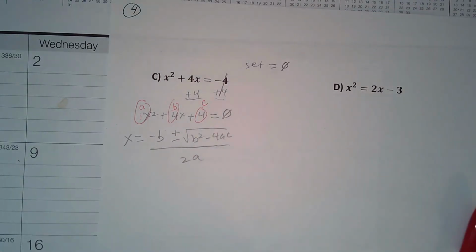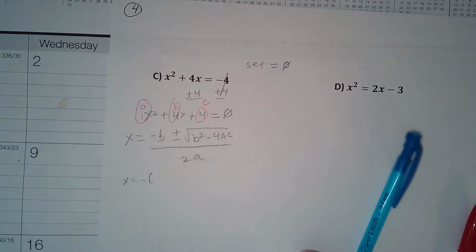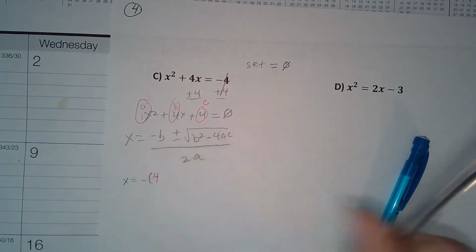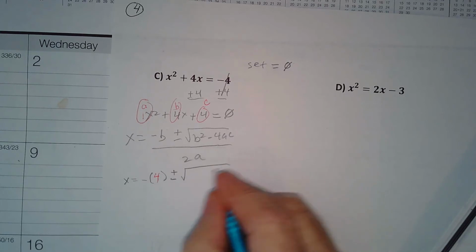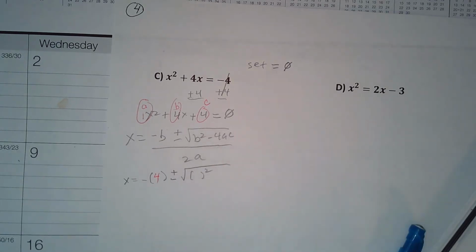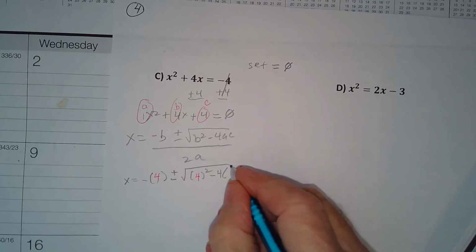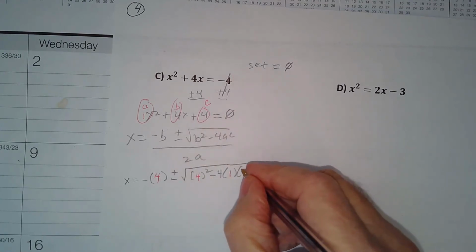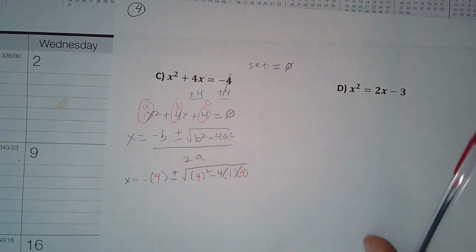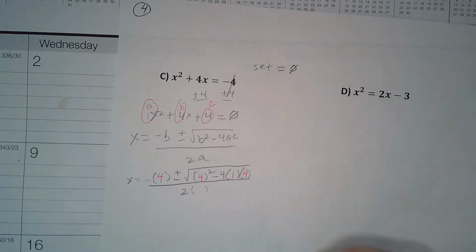All right, so x equals negative, and then in parentheses we're going to put a 4, plus or minus square root of parentheses squared 4 again, minus 4 times whatever a and c are, and a is 1, c is 4. All divided by 2 times whatever a is, which is 1.